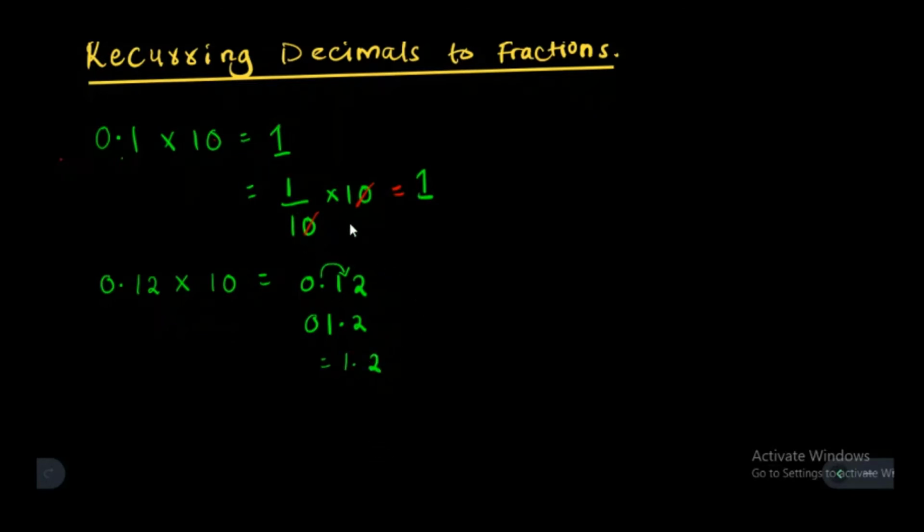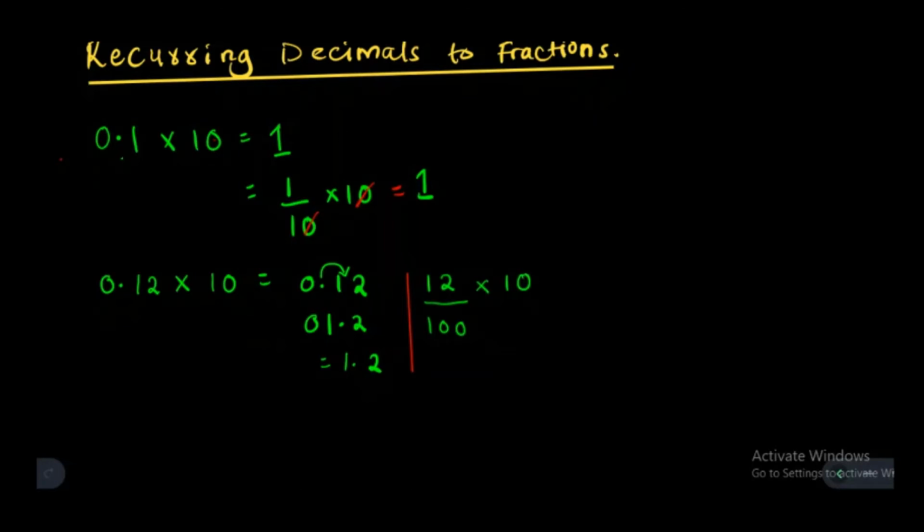Another way is, if you have to do the multiplication, then you change the number first to a fraction. So 0.12 has 2 decimal places, so in writing it as a fraction, we'll write it as 12 over 100, and then we multiply by the 10.